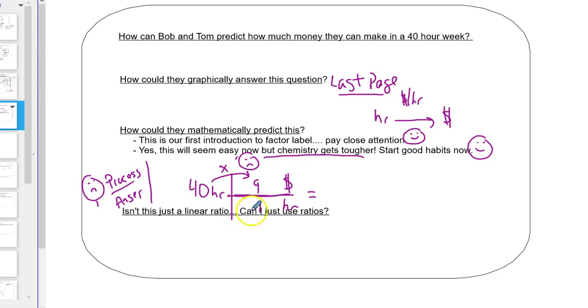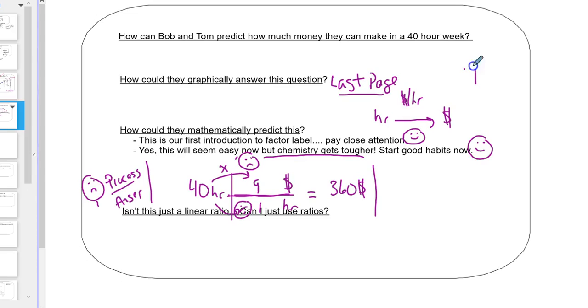If you have a number on the bottom, you divide by those numbers, and that's really important. So here, 40 times 9 divided by 1 is $360.